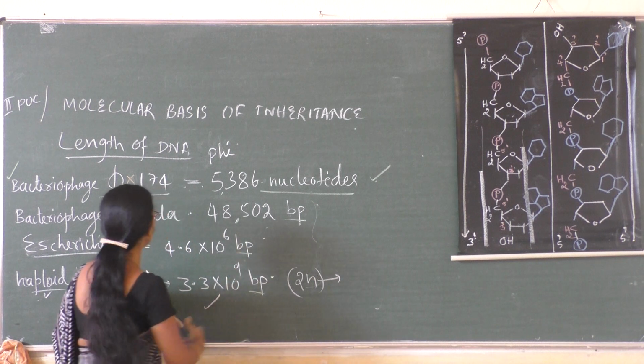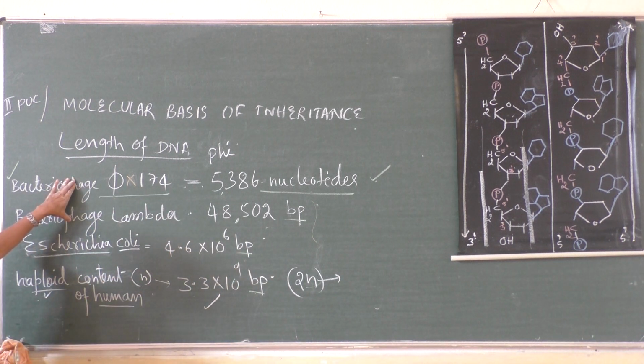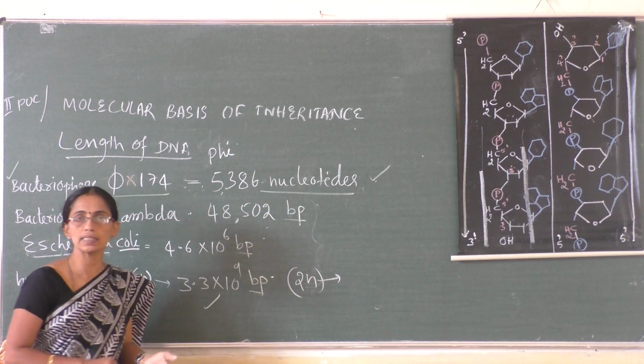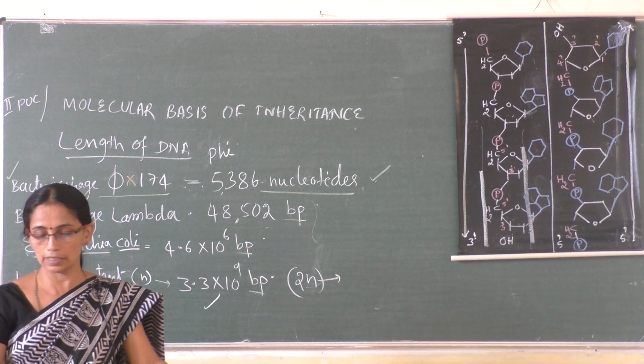So these are for virus, bacteria, and haploid content of human: 2 viruses, 1 bacteria, and haploid content of human. In the first case it is in terms of nucleotides, in the remaining 3 cases it is in terms of base pairs.